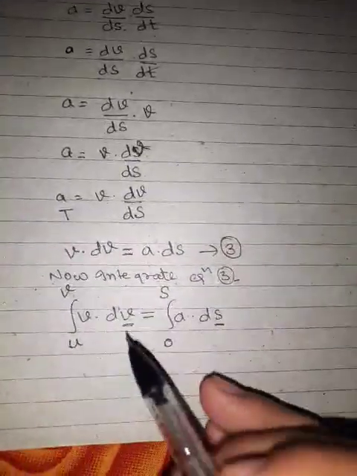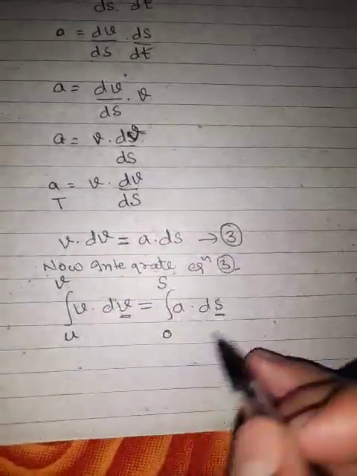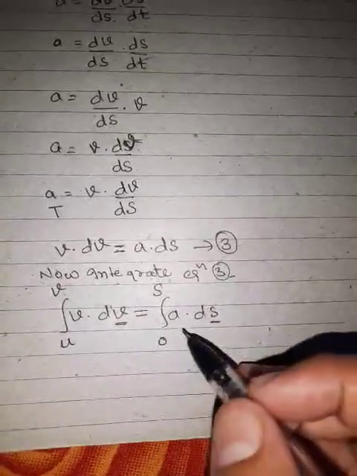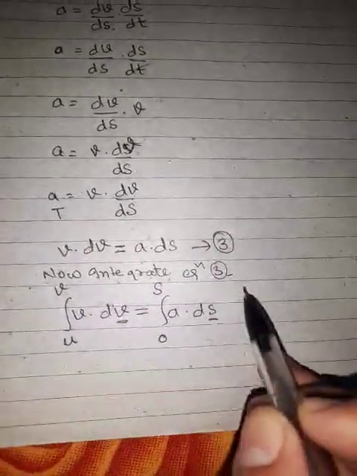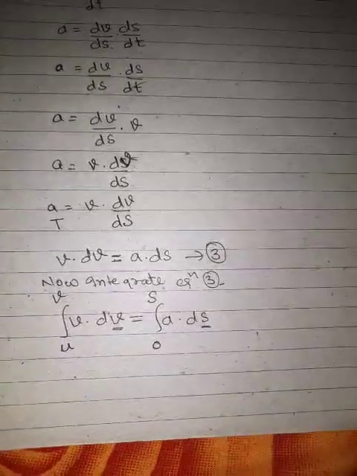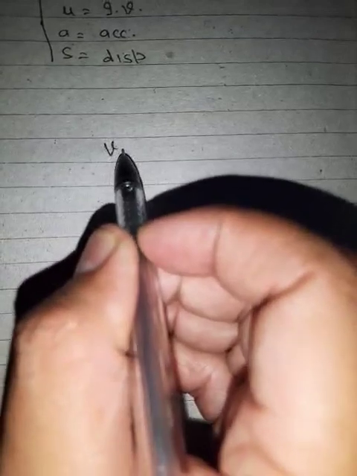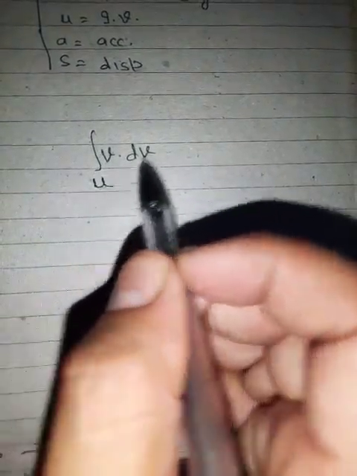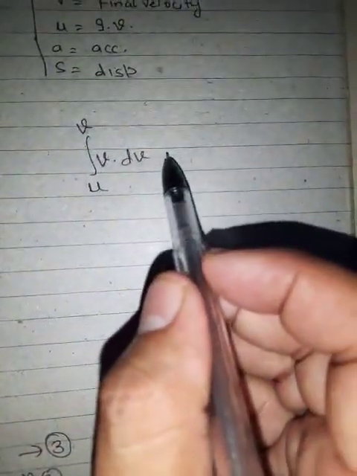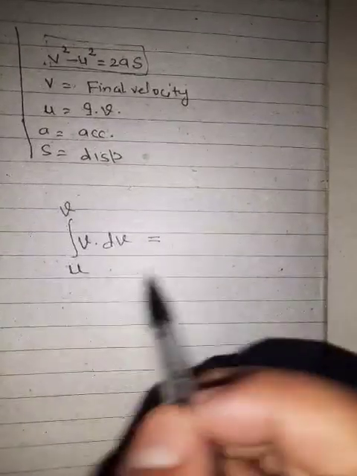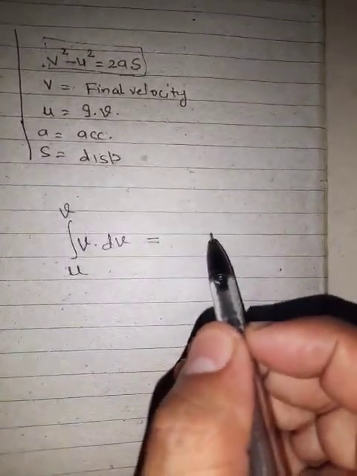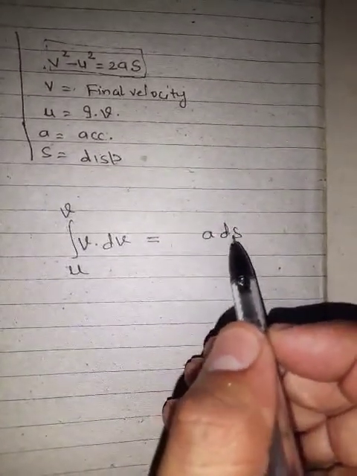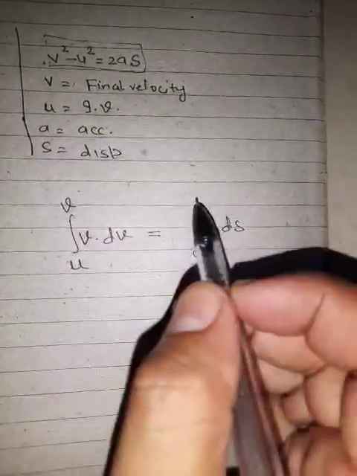Now I am going to solve this integration for getting the third equation of motion. We have the integral of v dv from u to v is equal to the integral of a ds from 0 to s.